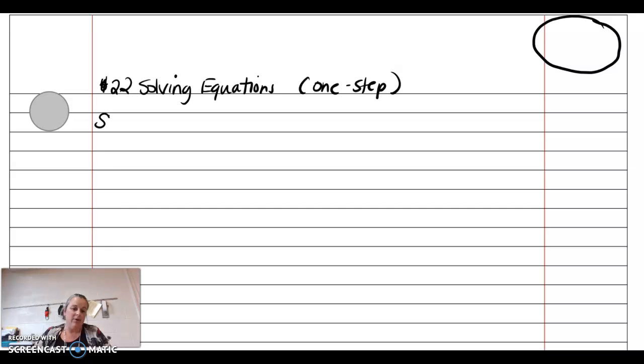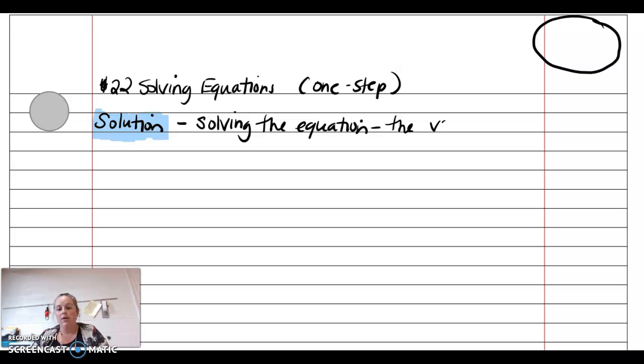Before we begin, we're going to look at what's called a solution. Highlight that. A solution might be heard as called solving the equation. Or I like to call it the value of the variable that makes the number sentence true.